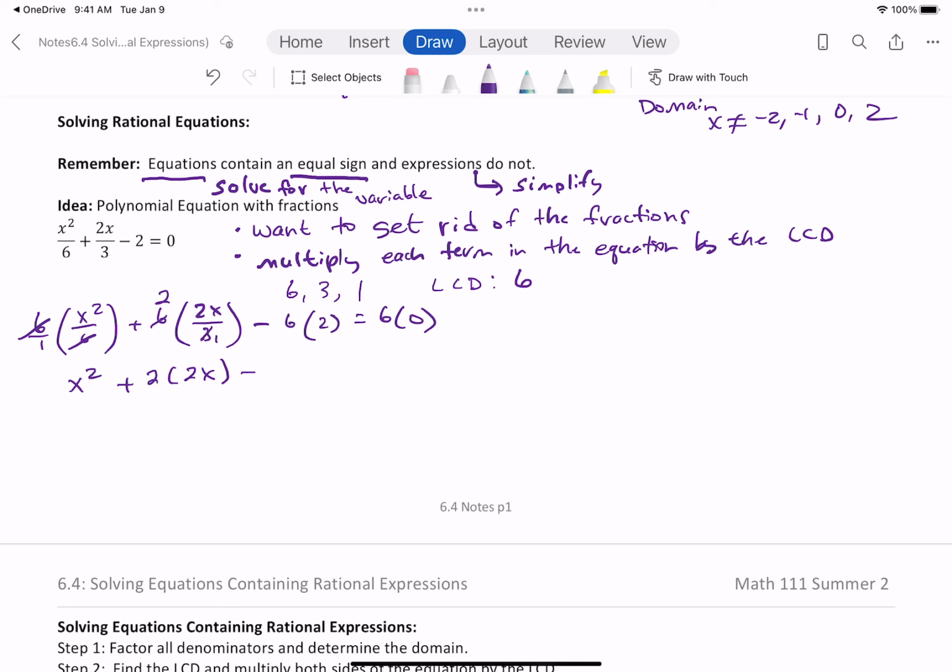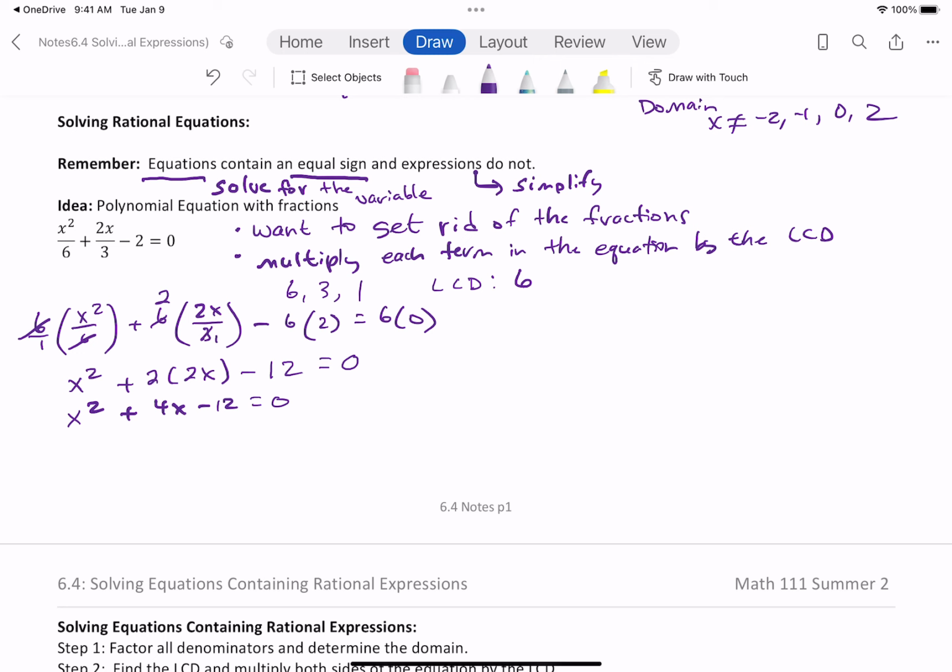Negative 6 times 2 is negative 12. And then 6 times 0 is 0. So if we clean this up, I get x squared plus 4x minus 12 equals 0.